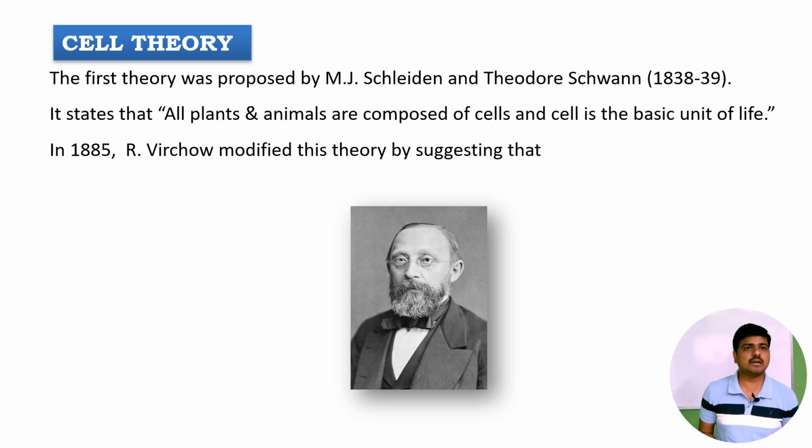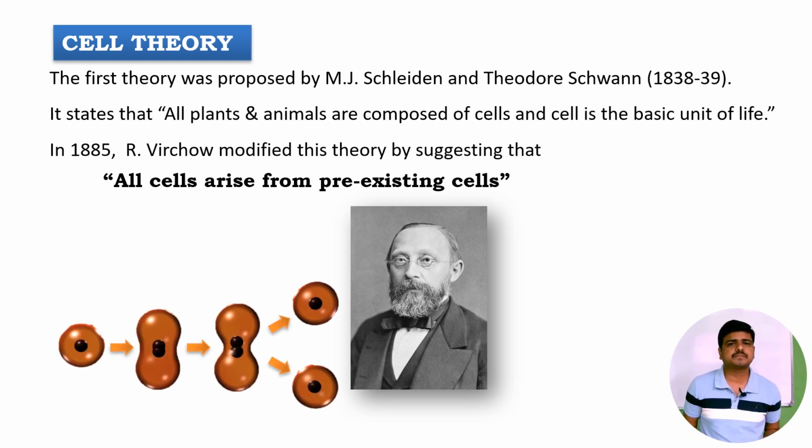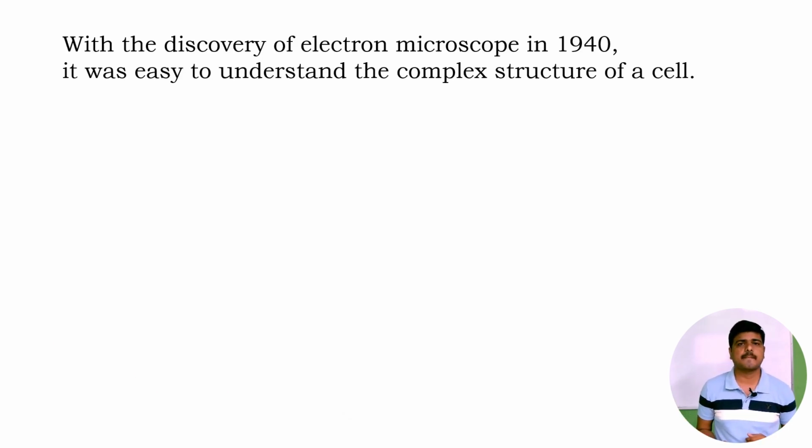Again, in the year 1855, Rudolf Virchow modified this theory and suggested that all cells arise from pre-existing cells. It means all new cells arise from pre-existing cells. So this is what the cell theory is about.